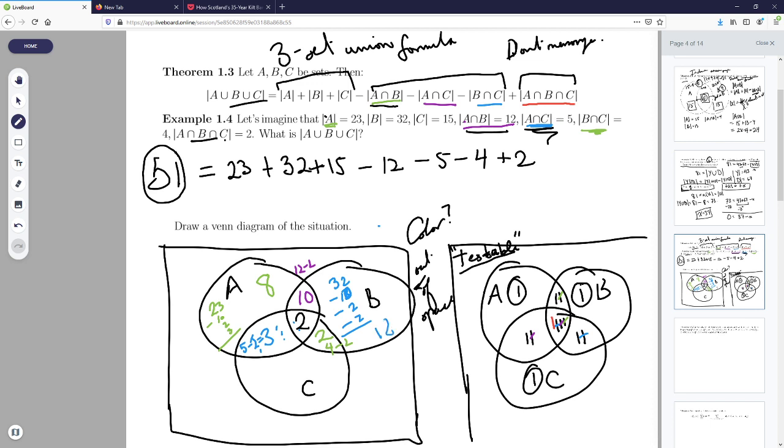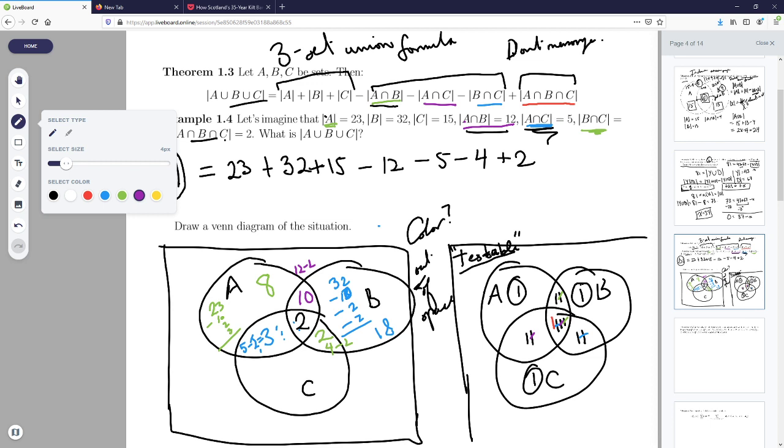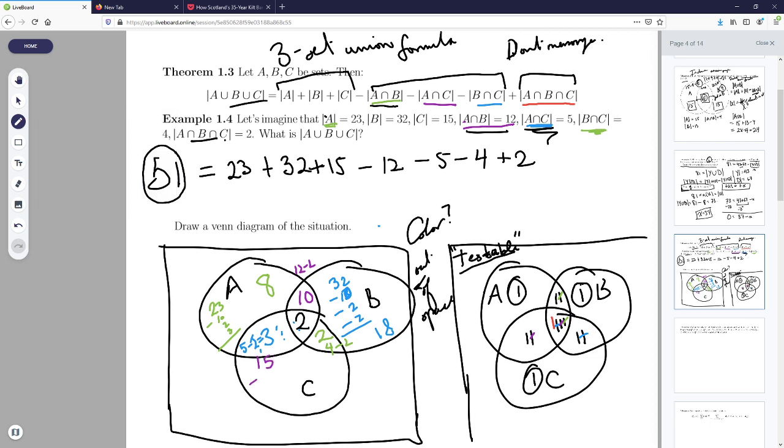So we'll have 18 things in here. And finally, we'll do this in purple. So C had 15 things in it. 15 things minus 3, minus 2, minus 2 is 8.